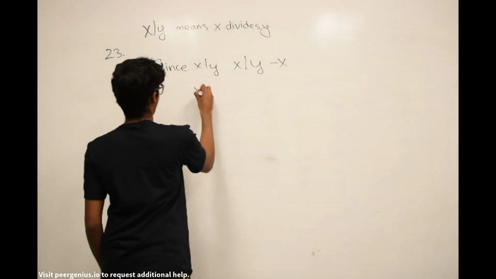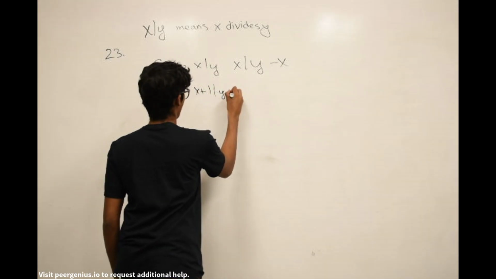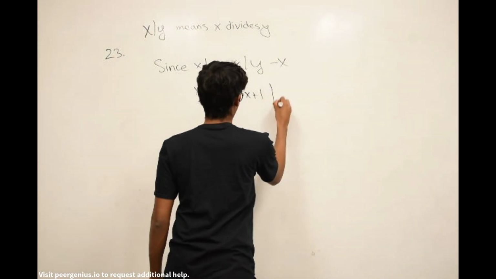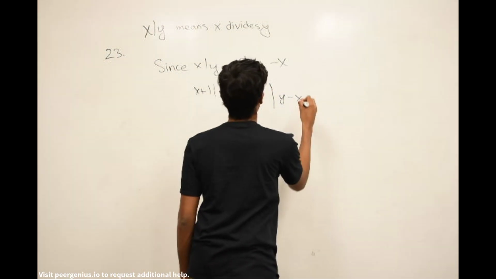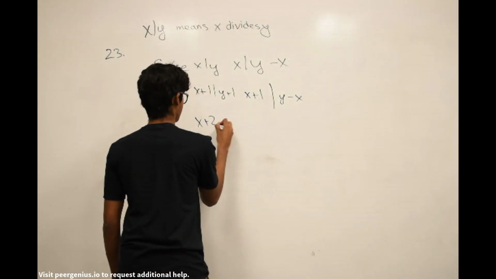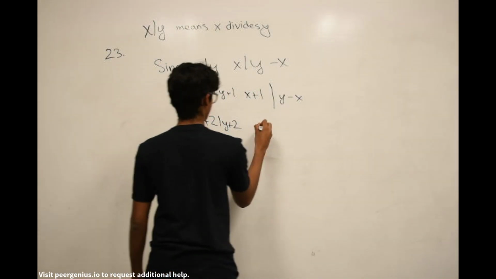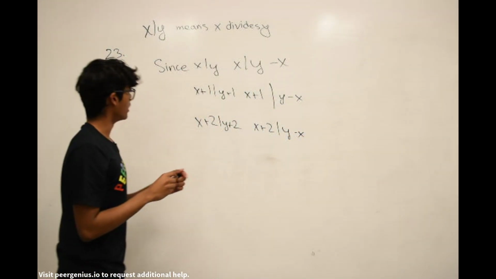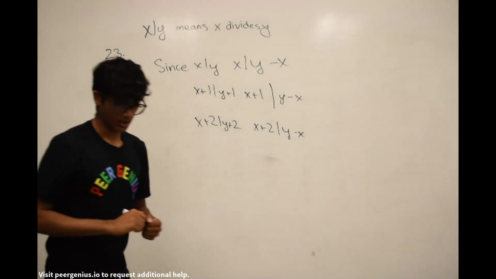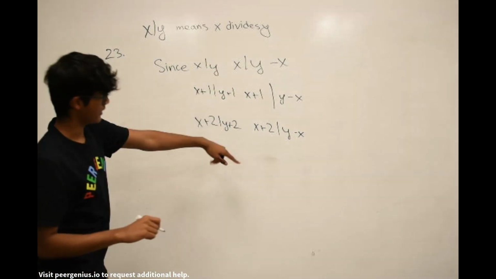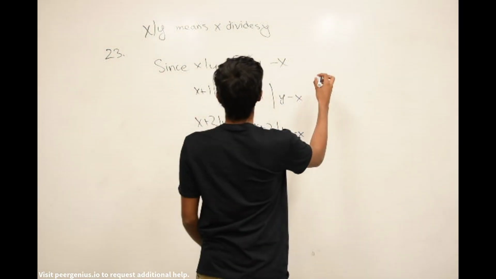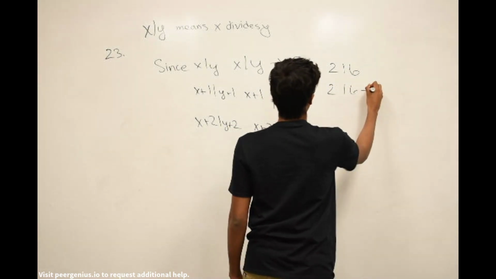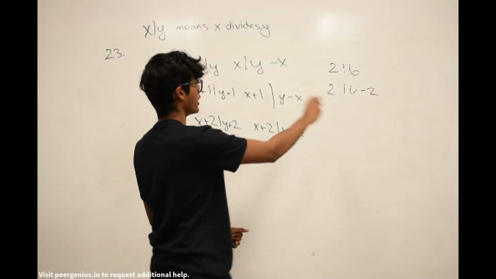Also, you're given that x plus 1 divides y plus 1, which means that x plus 1 also divides y minus x. Also given that x plus 2 divides y plus 2, which means x plus 2 also divides y minus x. Just so this is easier to understand, let's say 2 divides 6, which means 2 divides 6 minus 2. That's just like what we're doing here.